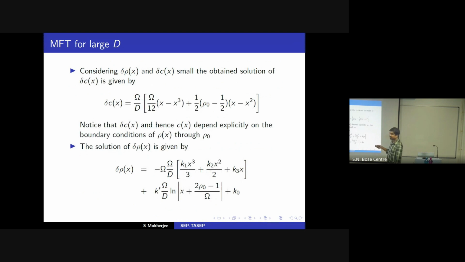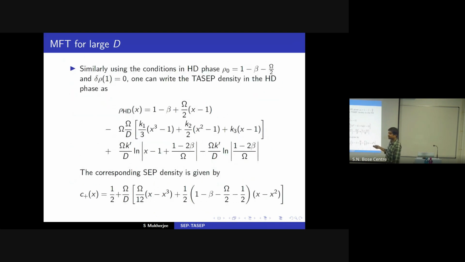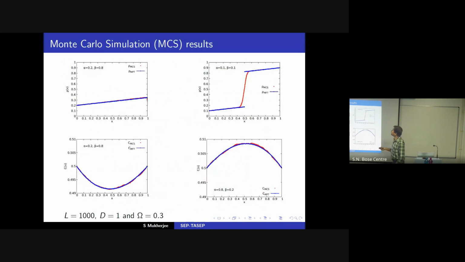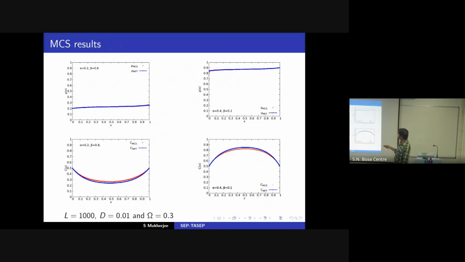No, the dynamical properties, like rho(x,t) and rho(x,0) correlations. Oh, that we don't study. We cannot say right now. When you are talking about the correlation rho(x,t), rho(x,0), that is something we don't study.